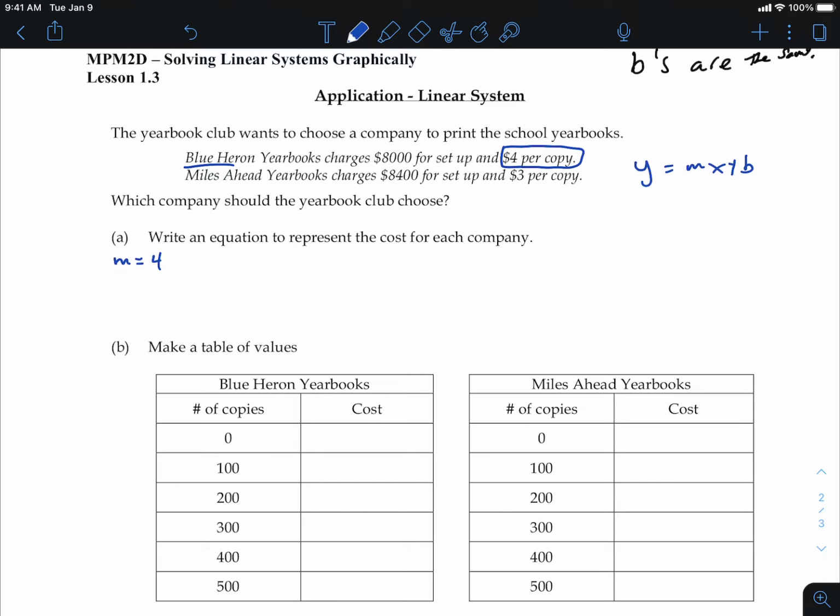Does that make sense? That's the b value. So then your equation for Blue Heron is going to be y equals 4x plus 8,000.